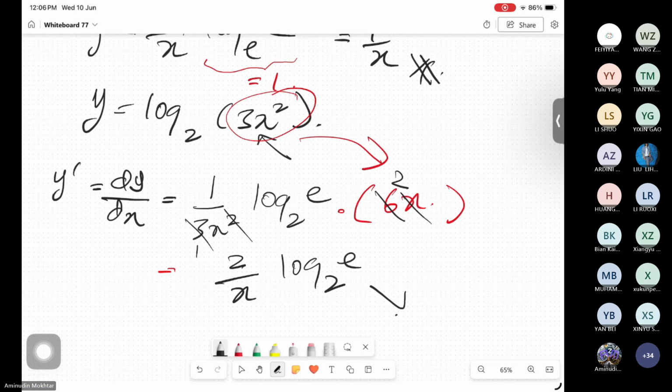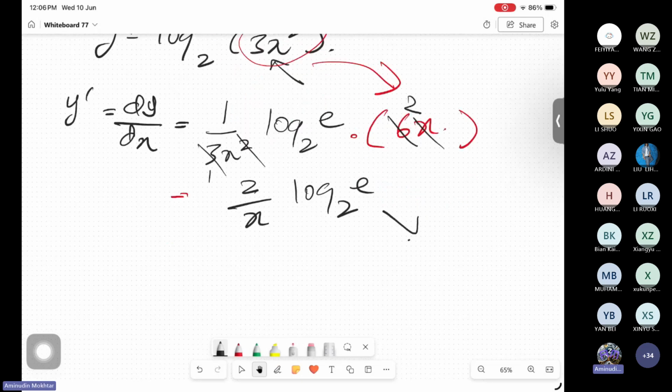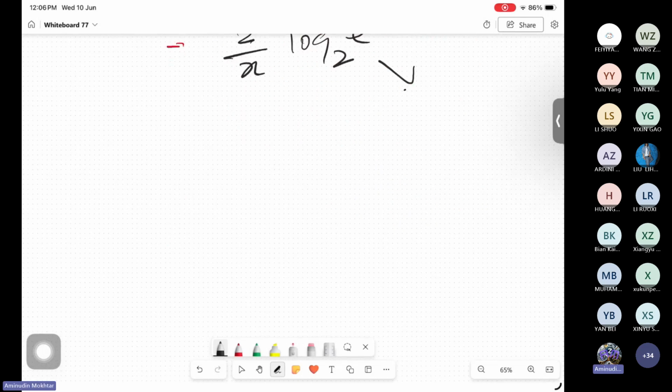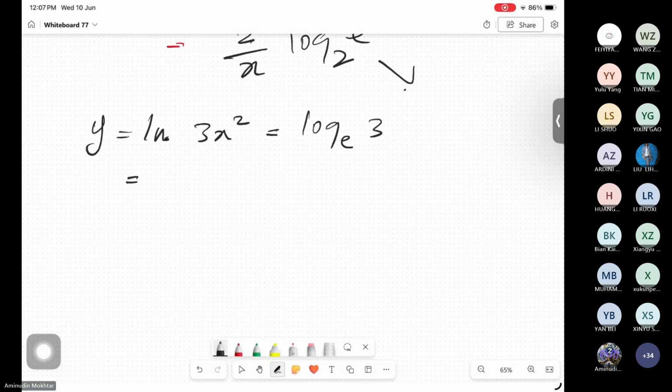Okay, another example I can share with you is this natural log function, y equal to ln 3x squared. This also equals log e of 3x squared.